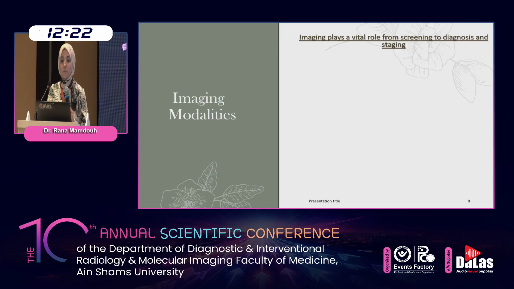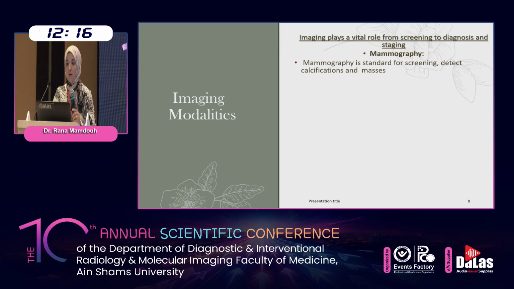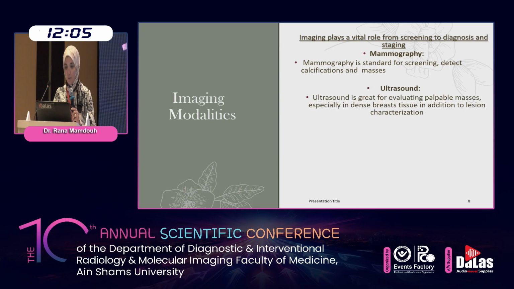Imaging modalities used. Imaging plays a vital role in screening, diagnosis, and staging, and so in treatment. Firstly, we start with mammography, which is standard for screening, mainly detection of calcification and shape of the mass. Ultrasound is of great value in evaluating palpable masses, especially in dense breast tissue, in addition to lesion characterization, as we'll discuss.